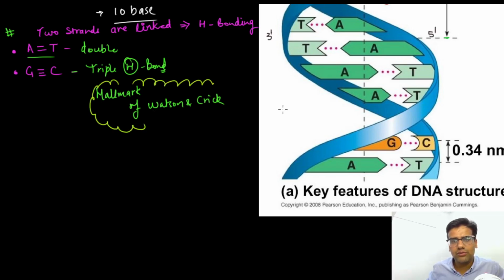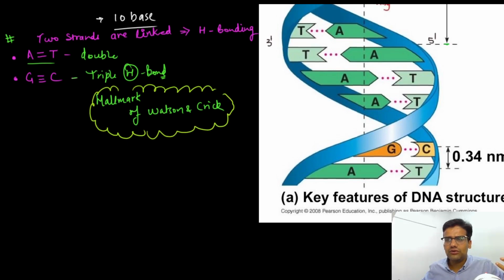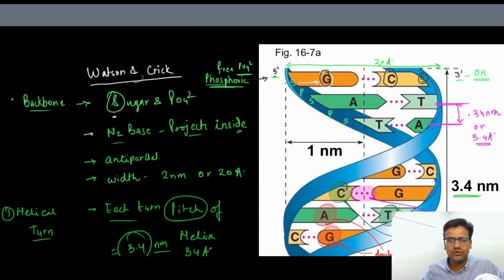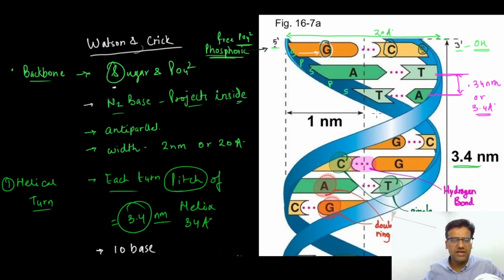Why is it known as the hallmark? They did something different. All these things were known: the backbone is made up of sugar and phosphate, the nitrogenous bases project inside, they are antiparallel to each other, the width is 2 nanometer, and the molar concentration of adenine is equal to thymine and guanine is equal to cytosine.